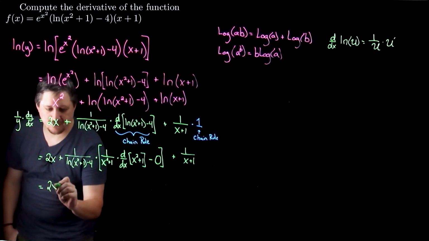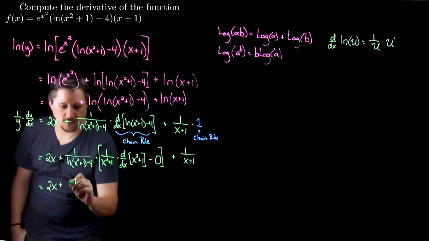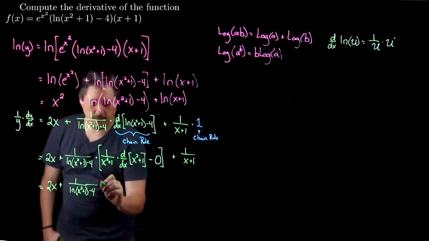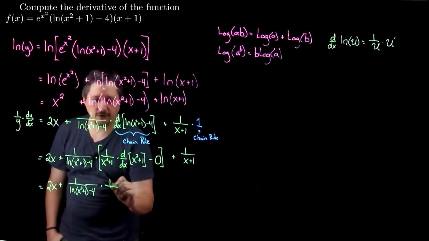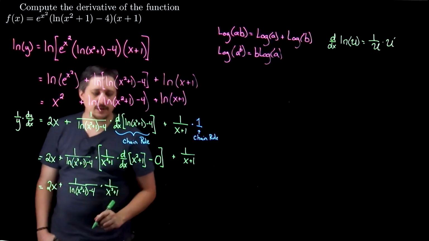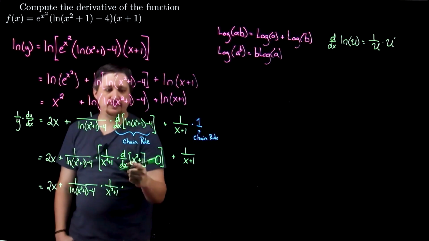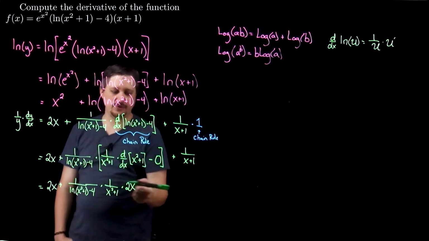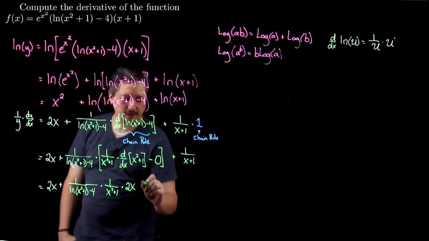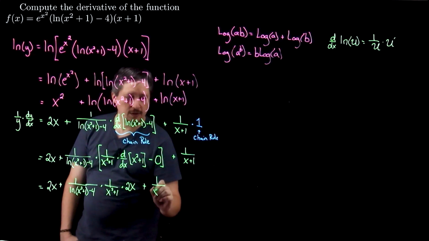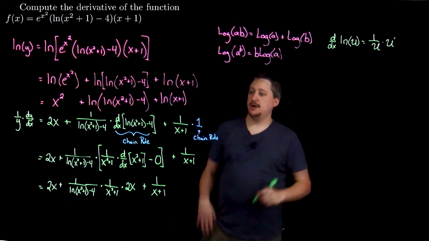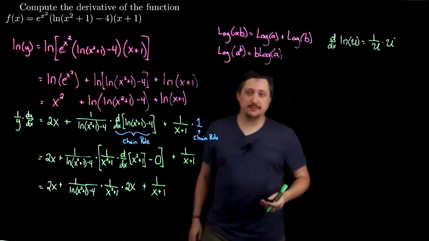So this is still 2x plus 1 over natural log of x squared plus 1 minus 4, times 1 over x squared plus 1, times the derivative of x squared, which is 2x. The derivative of 1 is 0, so I just have 2x there, plus 1 over x plus 1. Okay?